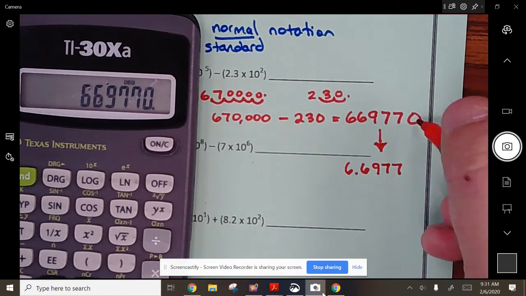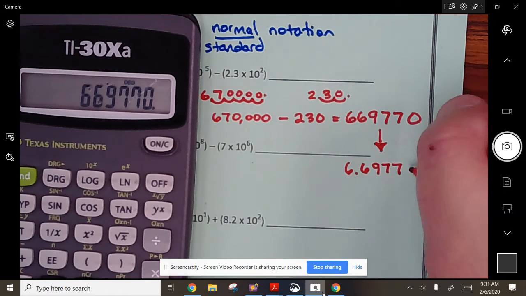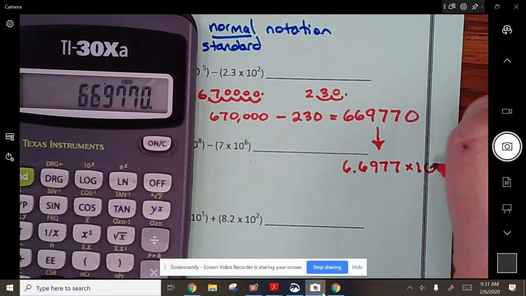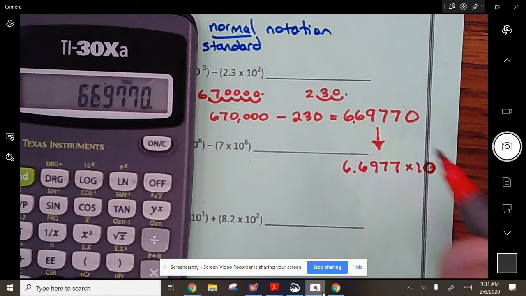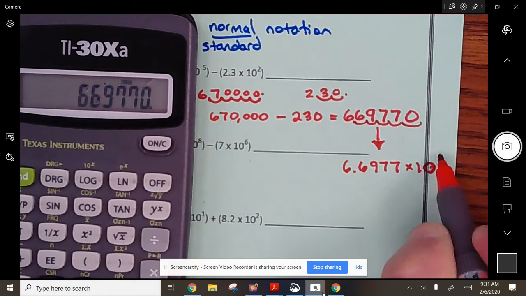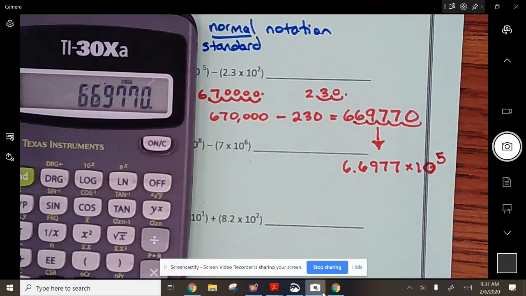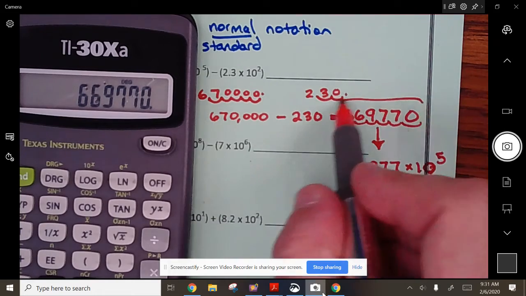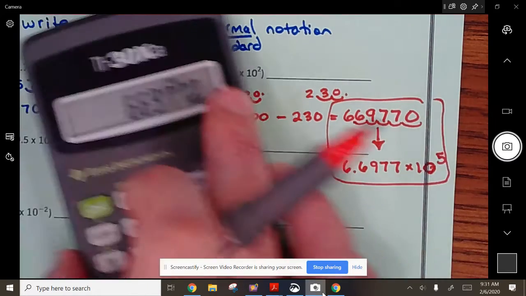You can leave that 0 off if it's at the end, and then you're going to go times 10 to the, let's count it out. If my decimal's here, I'm going to go 1, 2, 3, 4, 5. All right? And there's my answer. Either way, both answers are acceptable.